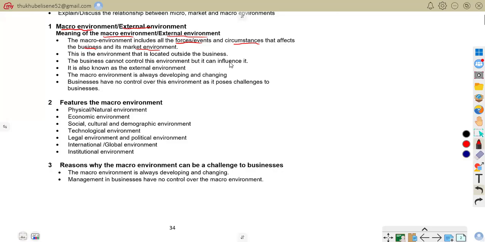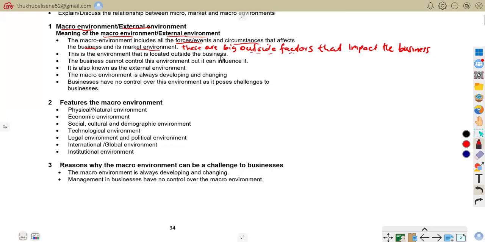Meaning to say, these are big outside factors that impact the business. That's when you're talking about the macro environment.